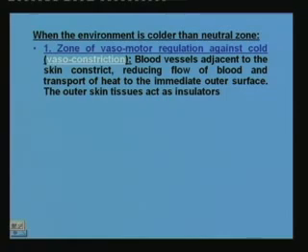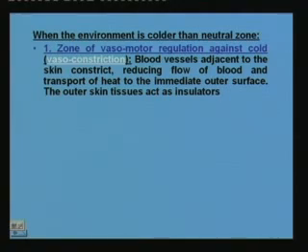What happens during this process is that the blood vessels adjacent to the skin constrict. Because of this, the flow of blood to the outer skin is reduced. Once the flow of blood is reduced, heat transfer to the immediate outer surface is reduced. As a result, the outer skin tissues act as insulators.